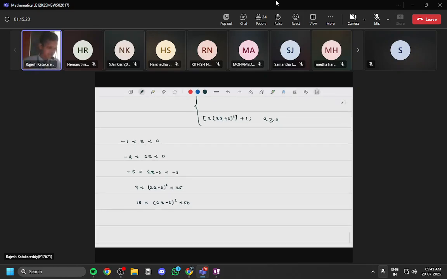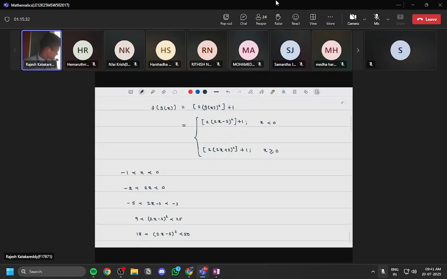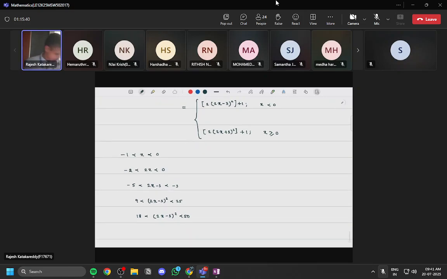Understood this? Any doubt? Right? See, I tried to create this function. For that, I took the range, multiplied by 2, subtracted 3, squared on both sides, and then again multiplied by 2. Clear? So the range of the expression inside the box is 18 to 50.